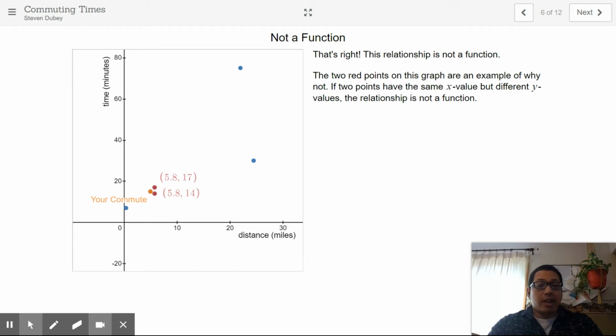And so we're not exactly sure. It's not always going to be the same time. We're not always going to have the same output. And a clear way to see that it's not a function is that these are both lying on the same x value, but different y values.